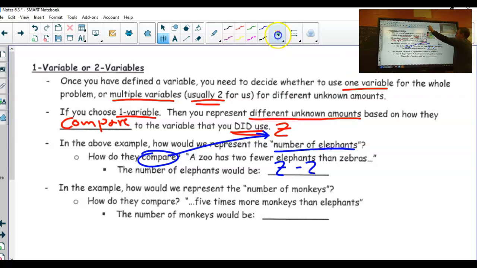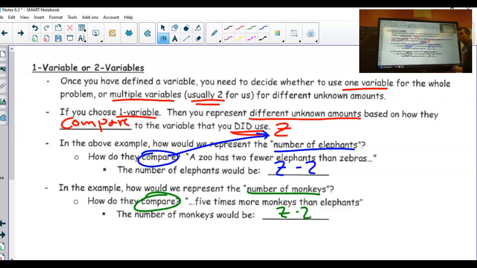And what about the number of monkeys? Well, how do they compare to something we already know? They told us that there are 5 times more monkeys than elephants. Hey, I know how many elephants there are.